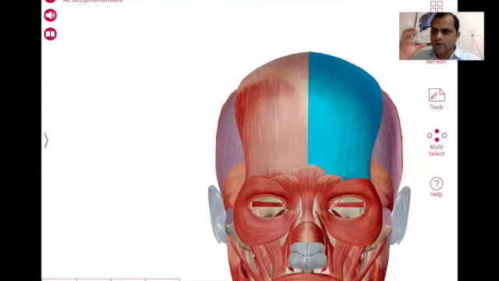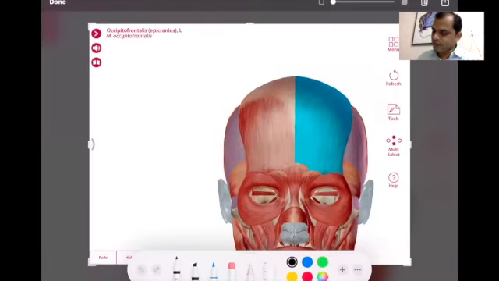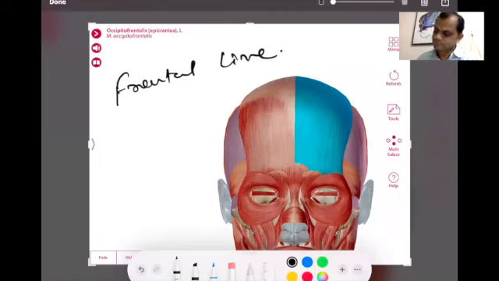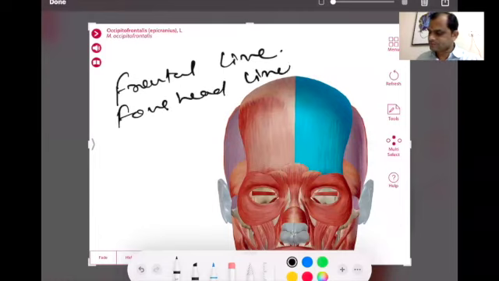So when we are worrying a lot, when we are overthinking a lot, we develop lines on the frontalis muscle. So we call them frontal lines, forehead lines, or worry lines.